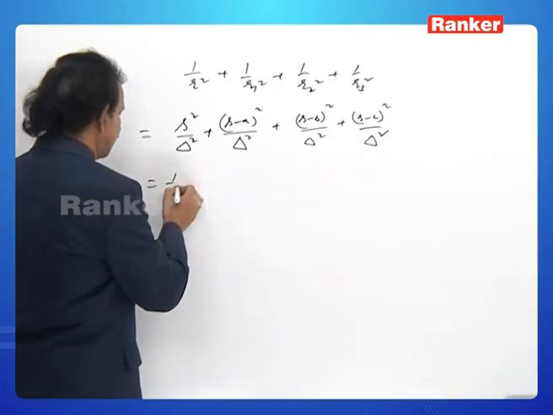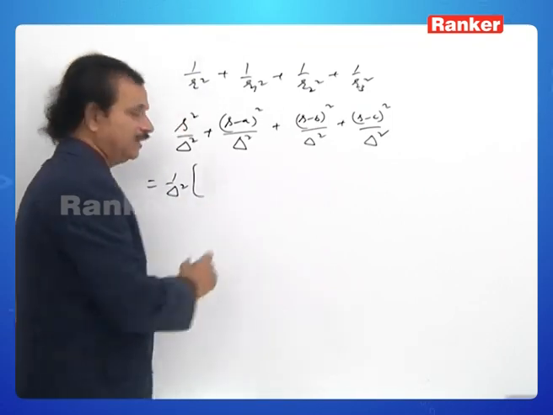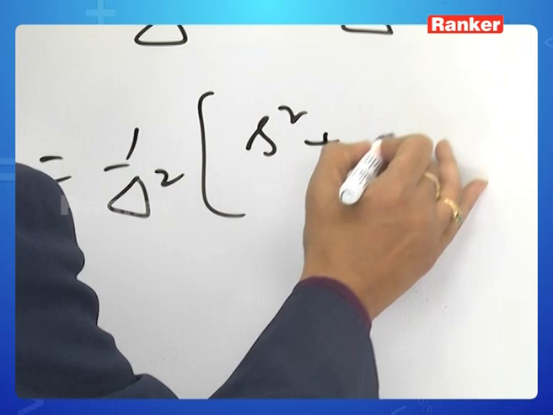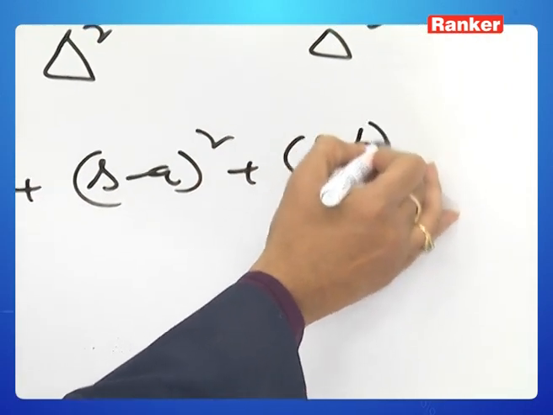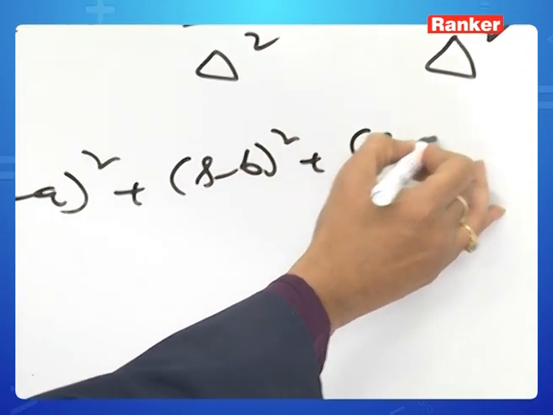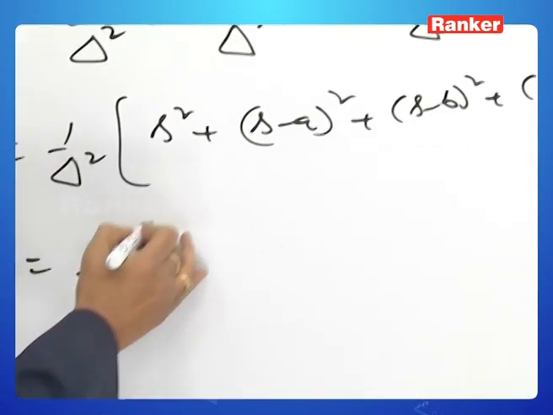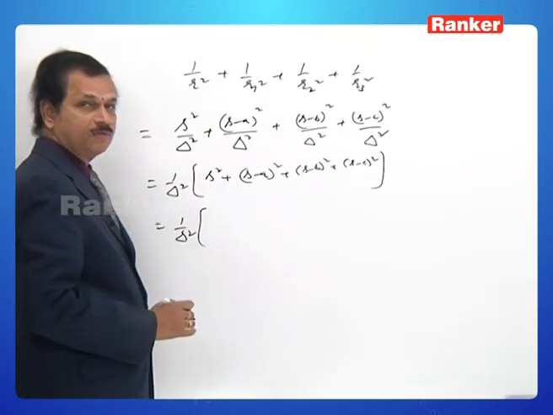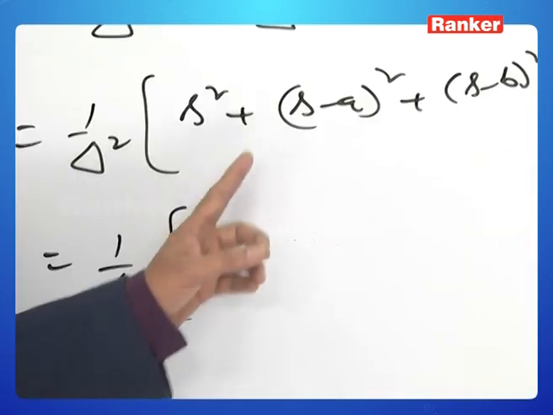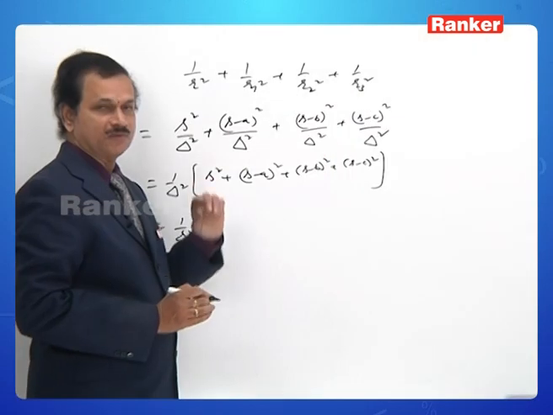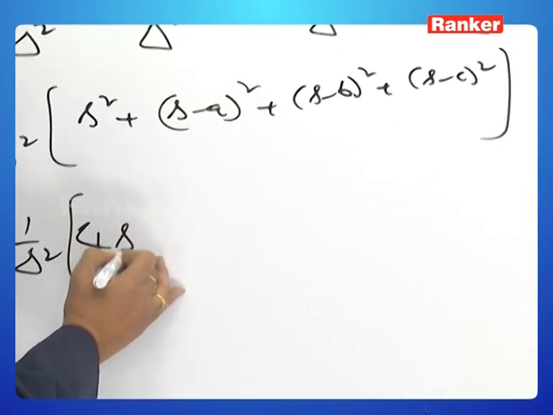1 by delta square can be taken out. What do you have? s square plus s minus a whole square plus s minus b whole square plus s minus c whole square. So it is 1 by delta square into, if you expand these whole squares, s square, s square, s square, s square. How many s squares will be there? 4 s squares will be there.